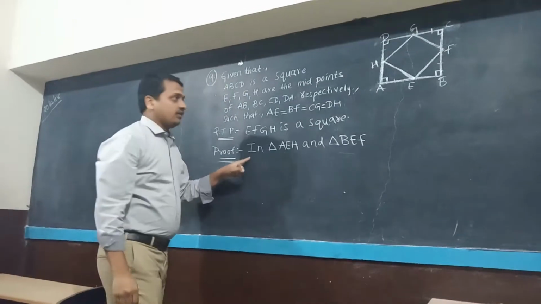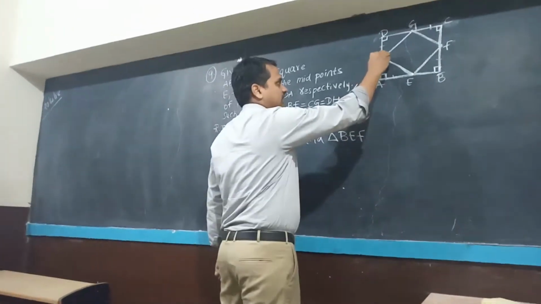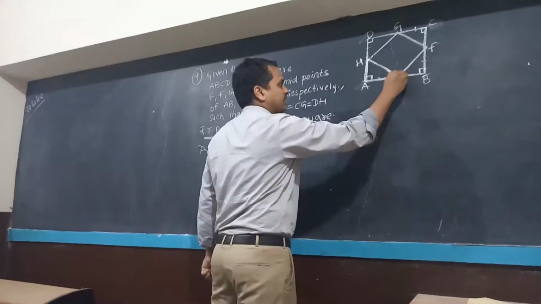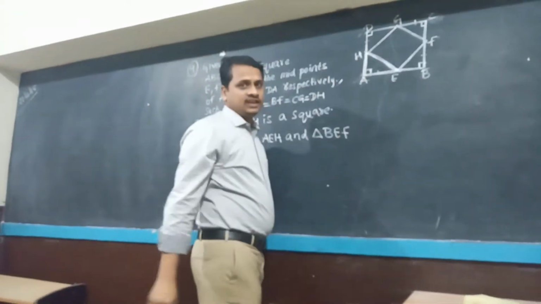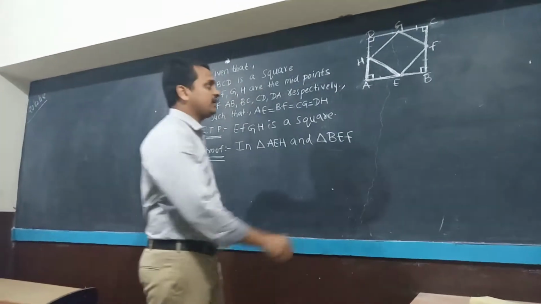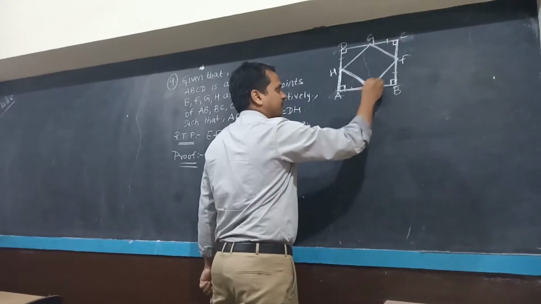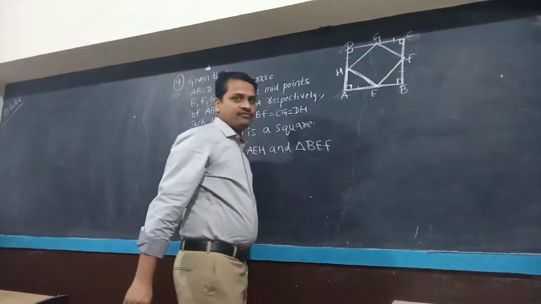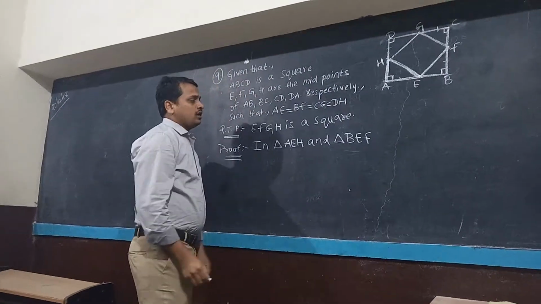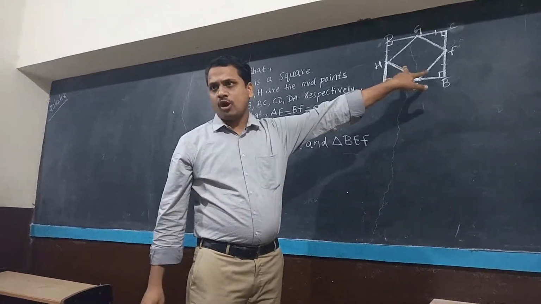So first, in triangle AEH and triangle BEF, we have to prove these two triangles are congruent.